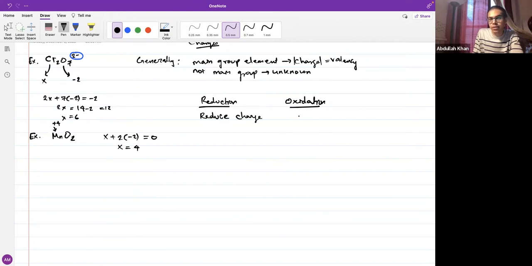And so oxidation is going to be a gain in charge. That's all you need to remember. Reduction means reduce. And so oxidation is the funny one, it's gain. Okay, so let's work with balancing redox reactions.